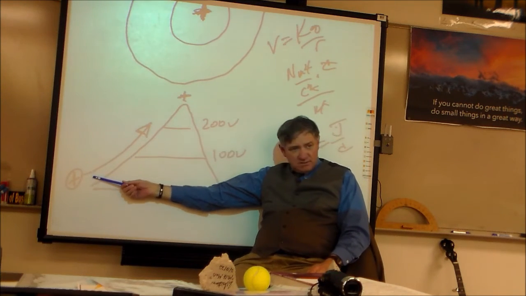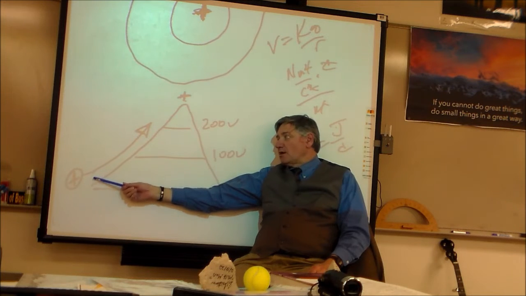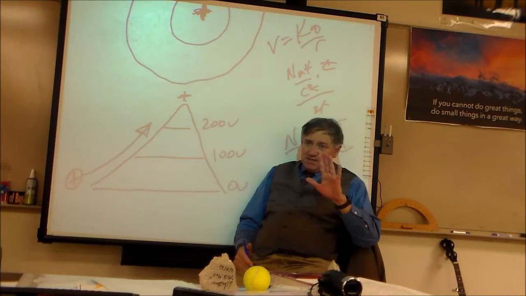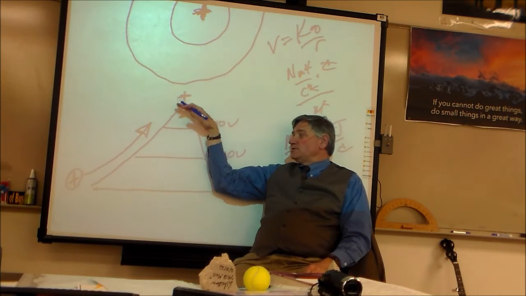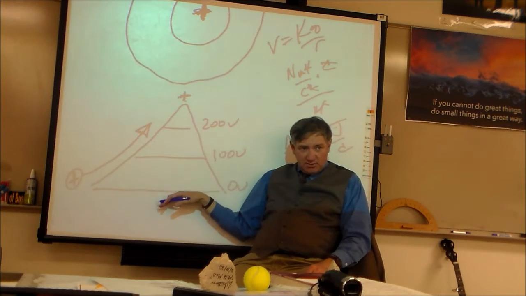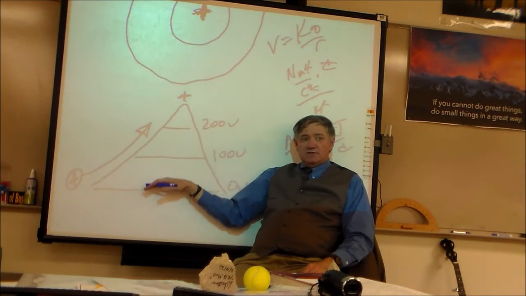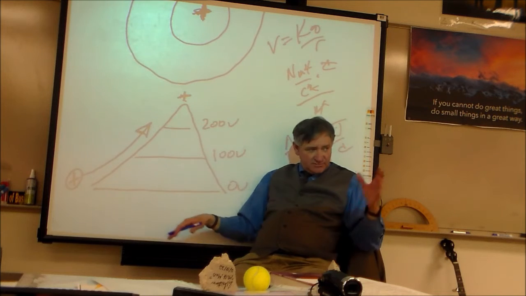So when you have a positive charge that you push towards another positive charge, there are a couple of things you need to keep in mind. The voltages around the positive charge are going to be positive values that decrease as you go further and further away. It's an inverse relationship.